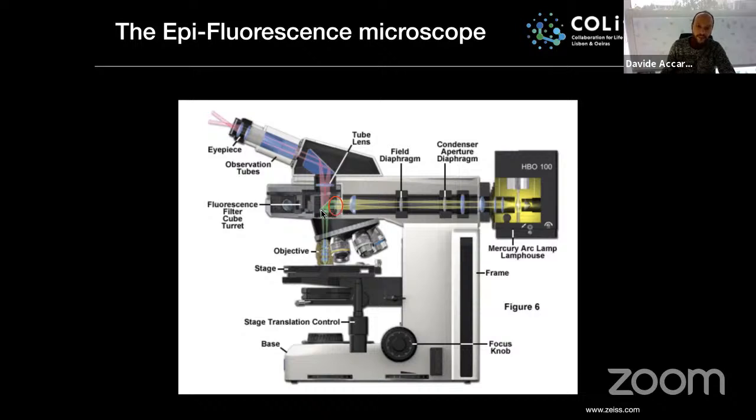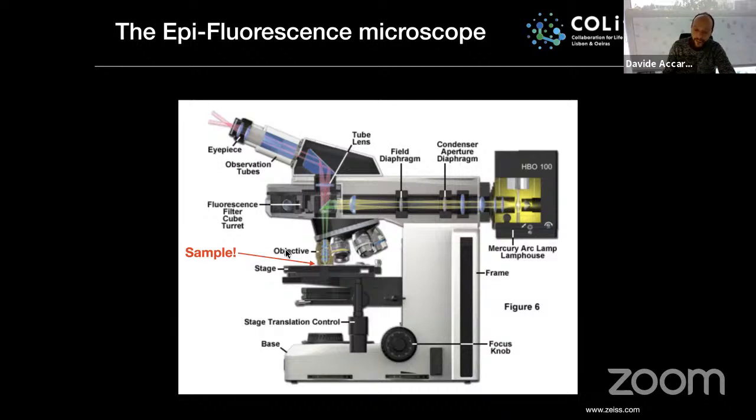This excitation light will bump into this optical element oriented at 45 degrees, called the main beam splitter or dichroic mirror, which acts as a full mirror for the excitation light, directing it downwards in this case. It goes through the objective lens and is focused on the sample, which is missing in this scheme.